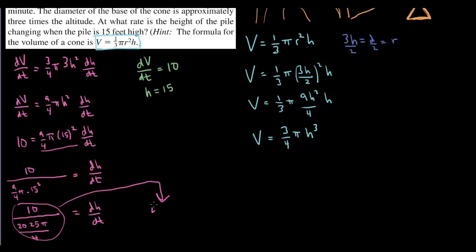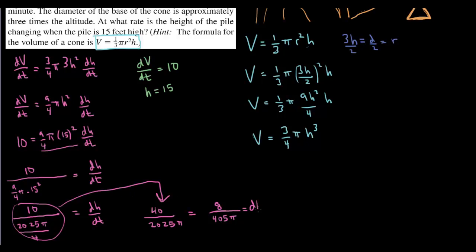Sorry, I don't know what I was thinking. That is, yeah, 40 over 2025 pi. Now that does simplify, since they're both divisible by 5. So 40 divided by 2025 gives us 8 over 405 pi, that is. And there we go.